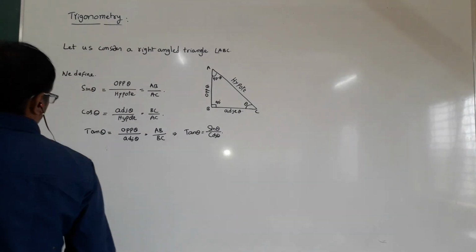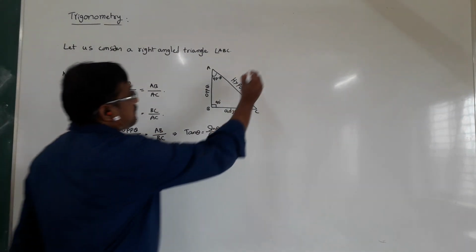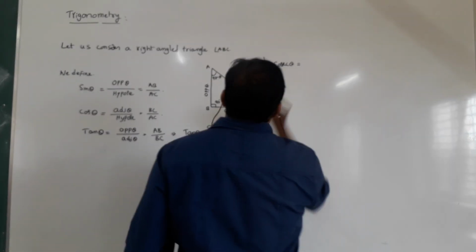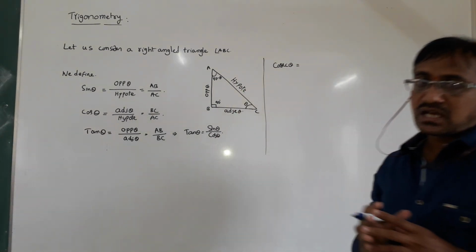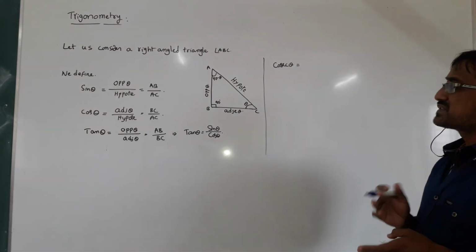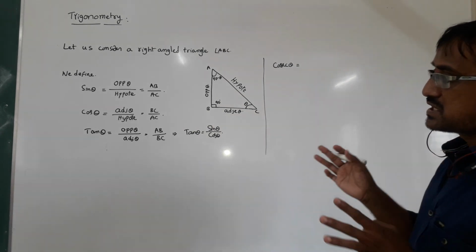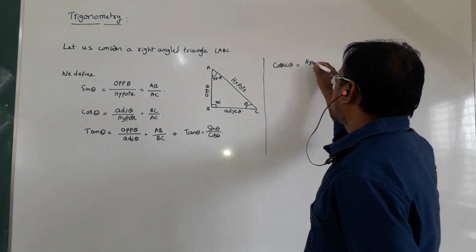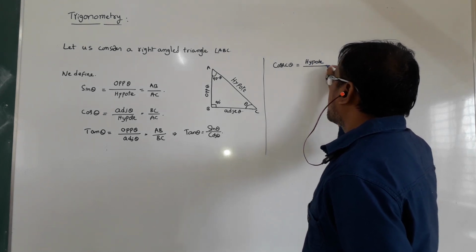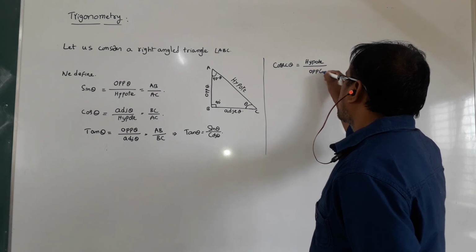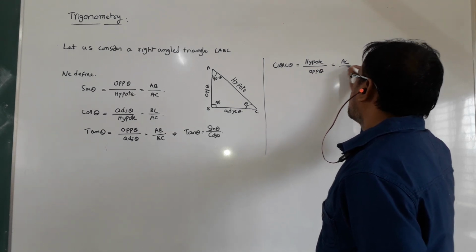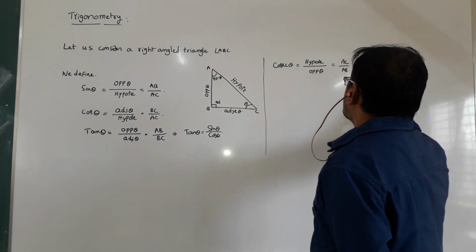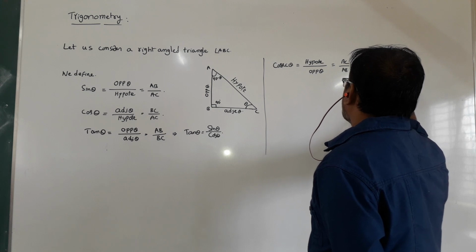Next, we define cosecant theta as the reciprocal of sin theta.